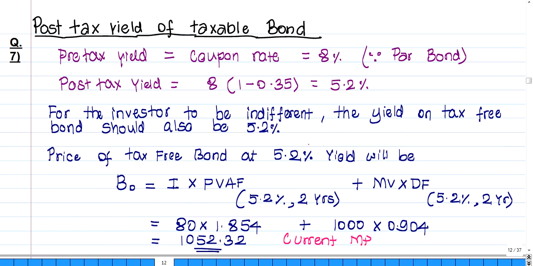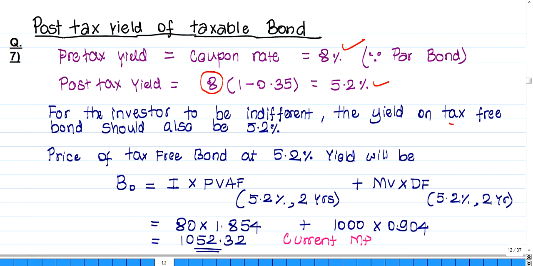That is very easy. In the pre-tax yield, the coupon rate is 8%, that is a par bond. Post-tax, you will not receive 8, it will be 8 times (1 minus 0.35), that is the 35% tax rate, giving 5.2%. For the investor to be indifferent, the yield on the tax free bond should also be 5.2%.